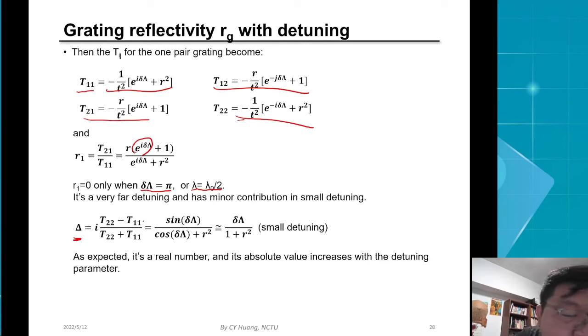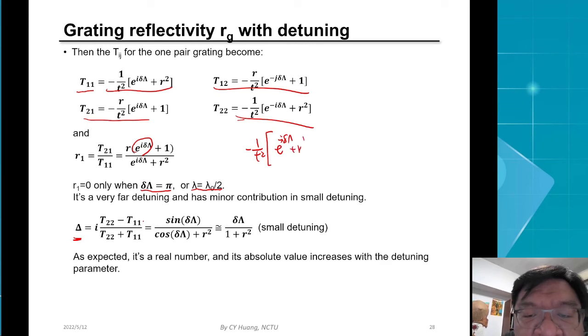Now we have delta like this, and T21, T11. With such an expression, delta can be further simplified. T22 minus T11 is minus 1 over t squared times exponential minus i delta lambda plus r squared, minus exponential i delta lambda plus r squared.